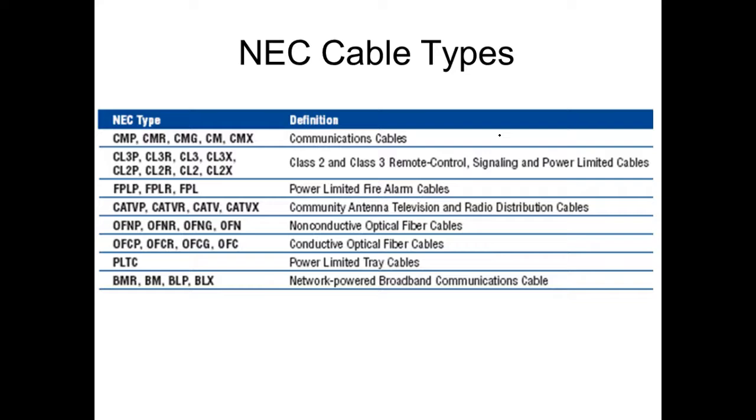Conductive optical cables mean they include conductors in there along with the fiber. Power limited tray cables, network power broadcast cables, BM, BFA. So this is identifying where we can use these cables, and this information is supposed to be stamped on the jacket, along with the gauge. We're supposed to put the wire gauge on there, and where we can use that cable at.